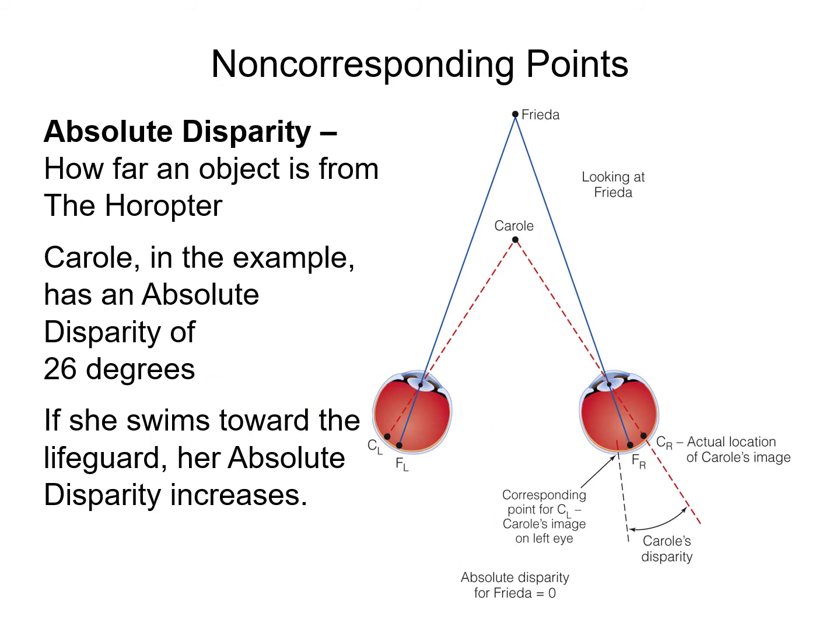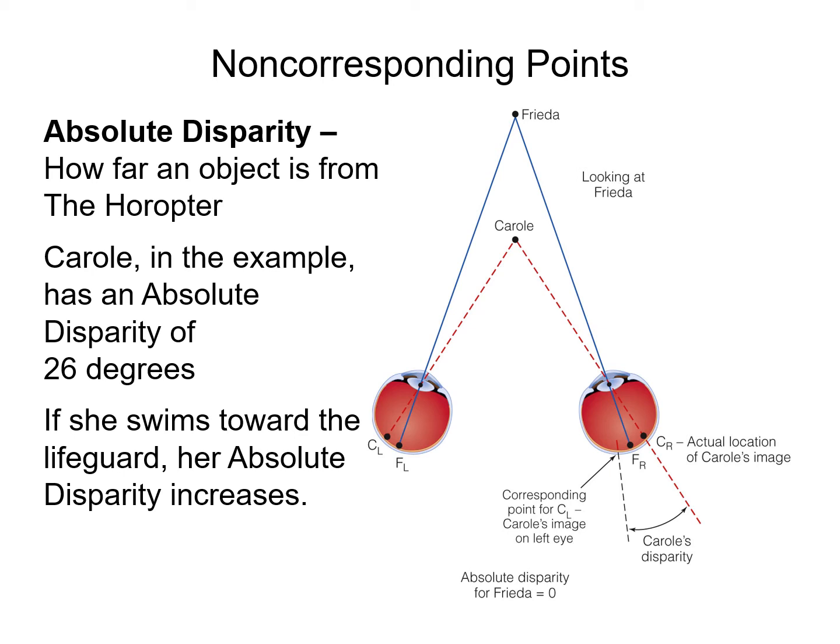He starts by talking about absolute disparity. This tells us how far the object is from the horopter. Carol, in this example, and these are all made-up numbers, is going to have an absolute disparity of 26 degrees, let's say. Just remember that this is rounded: how many degrees do we have around from our eyes?